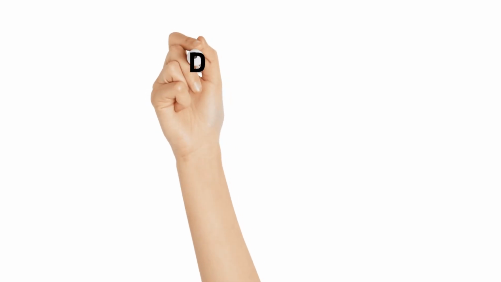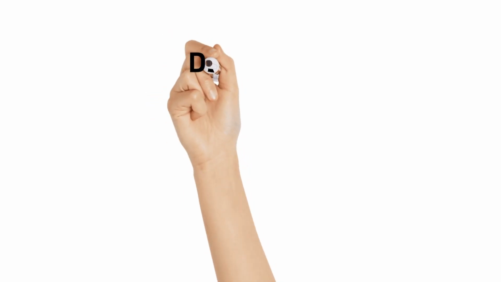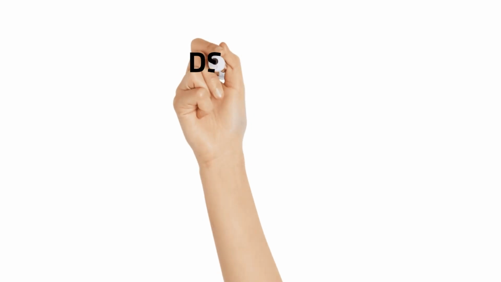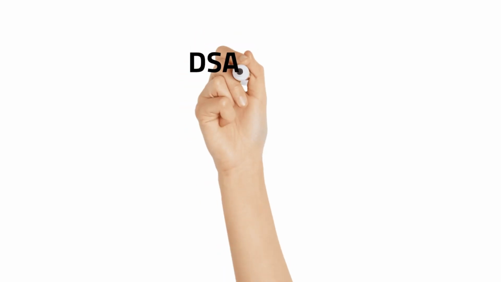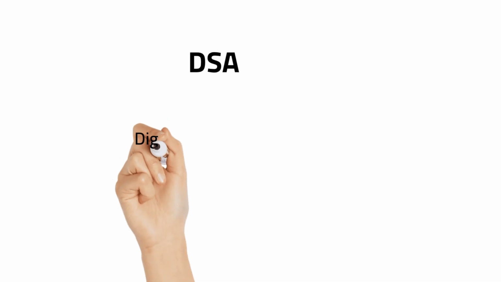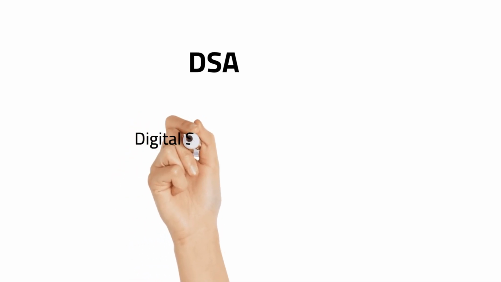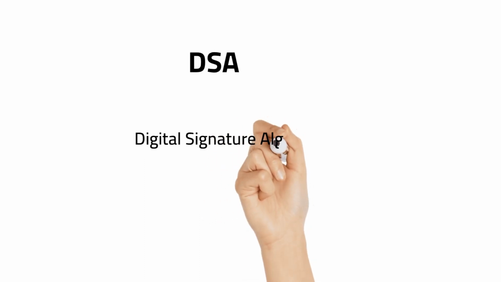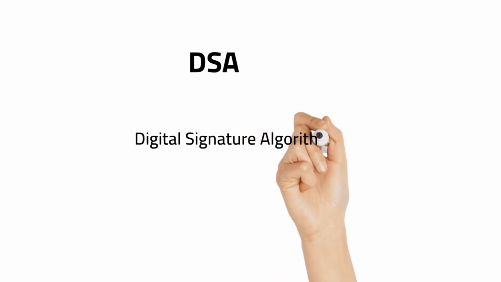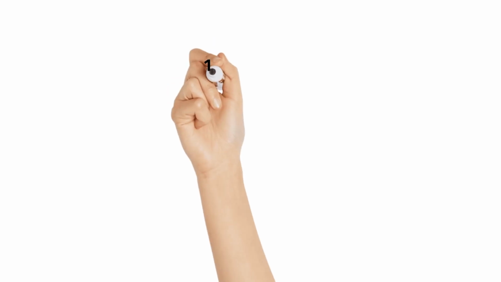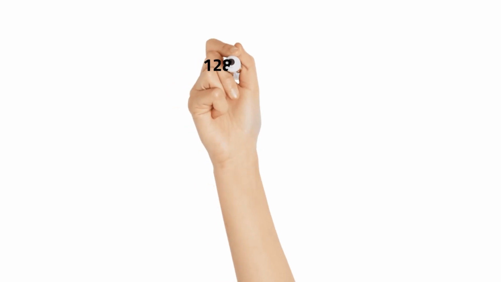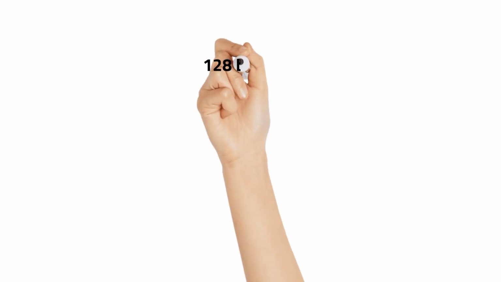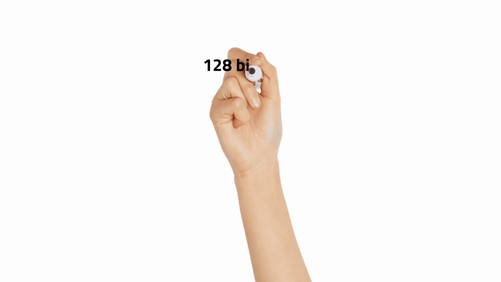Next, this message digest is used in the digital signature algorithm. Don't worry, I will explain clearly how the digital signature algorithm works in my upcoming video. Usually, this message digest is 128 bits or larger.